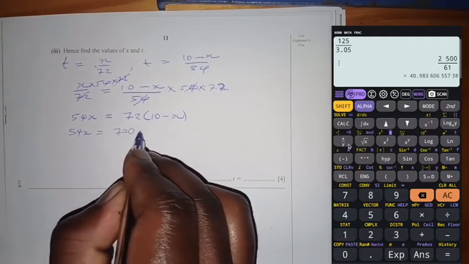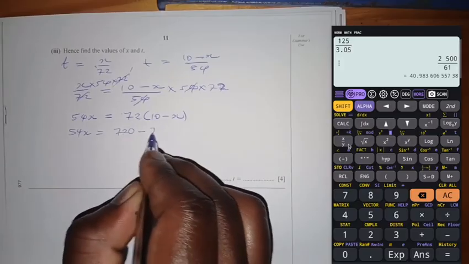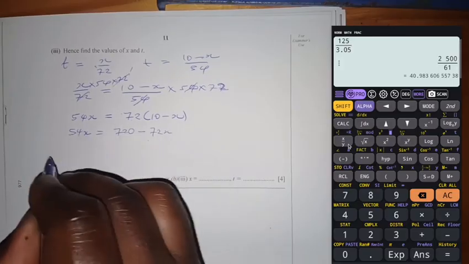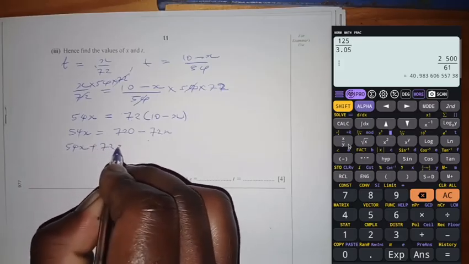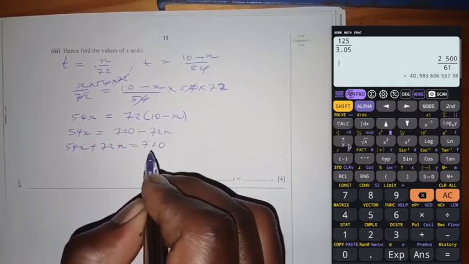So 54x is equal to 720 minus 72x. Take this to the other side. It's 54 plus 72, so 126x is equal to 720.